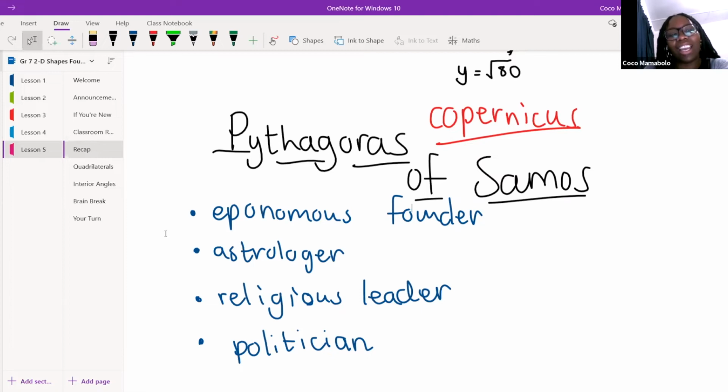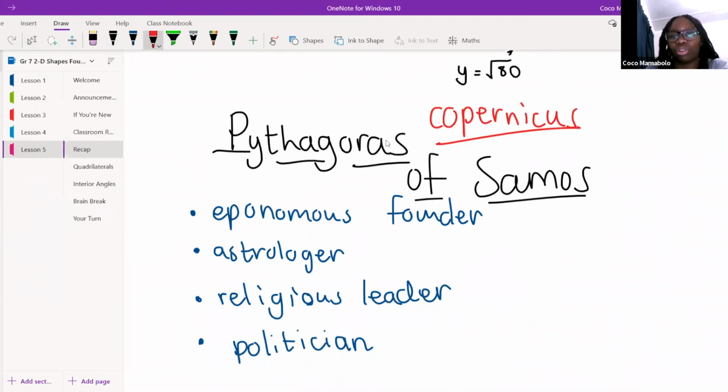Somebody said he died old. Yes, Tabang, he died when he was very old. And he died in Italy because he was Greek, and I think the Greek Isles and the Italian Isles were very close to each other. Okay, he was the eponymous founder of Pythagoreanism. He was born in 570 BC. Oh, I like this.